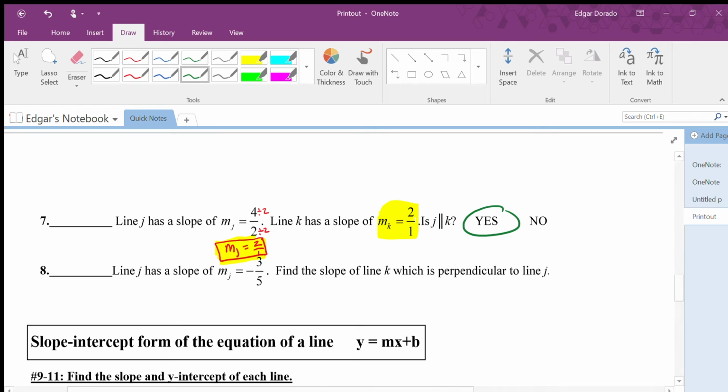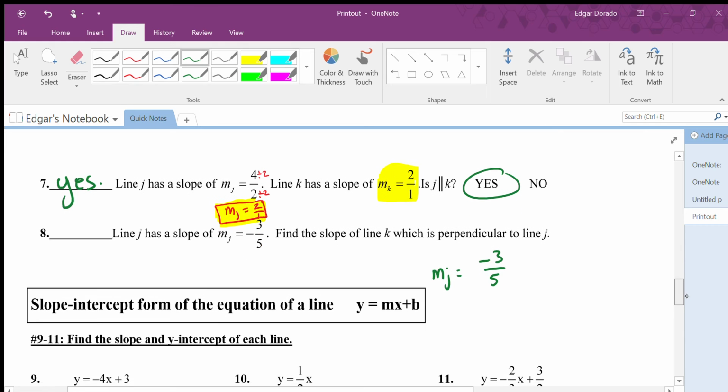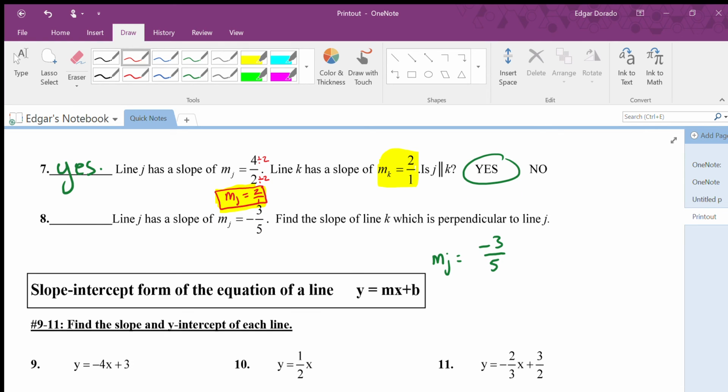The next one says line J has a slope of -3/5. Find the slope of a line K which is perpendicular to line J. Okay. So the slope of line J is -3 over 5. And this is what I always like to do to find a perpendicular slope to that.